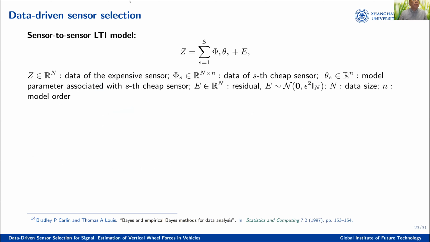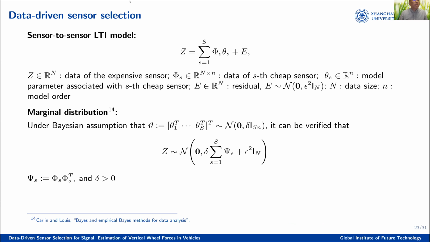Back to the sensor-to-sensor LTI model, if we put it into matrix formulation, we have this formulation here. This is just the matrix representation of the previous formulation, nothing special. But here, we specify that the residual follows a normal distribution.